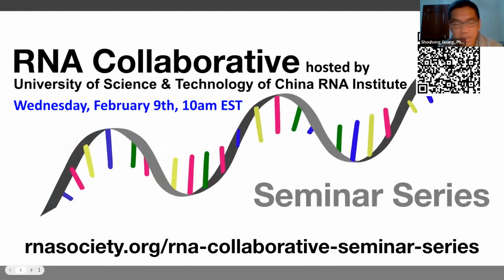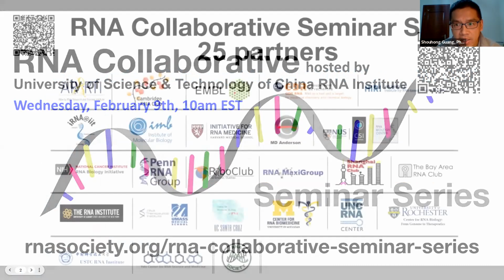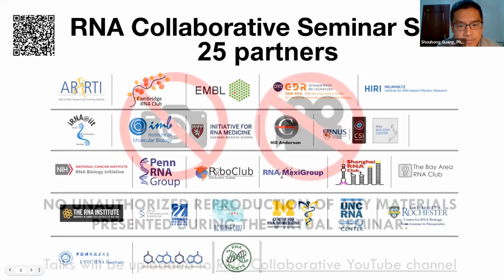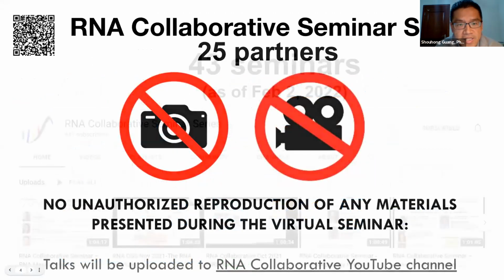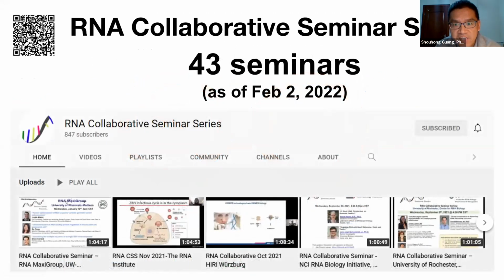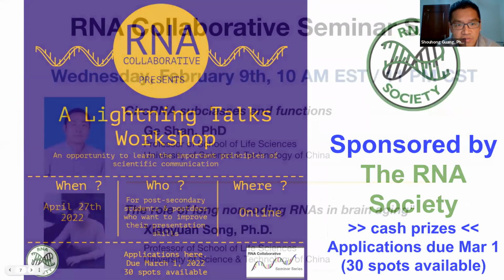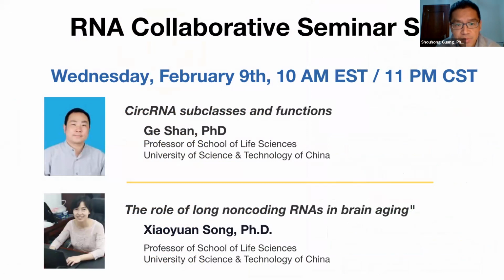We have two presenters. The first one is Dr. Ge San. Dr. Ge San is a professor in the School of Life Sciences at the University of Science and Technology of China. He got his PhD at Georgia State University and did his postdoc at Emory University and then at Yale University with Sid Adams.